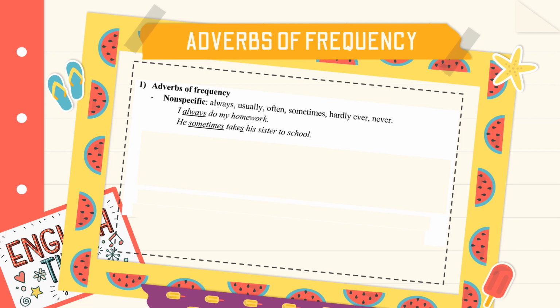As you can see here, these non-specific adverbs of frequency always come before the verb. What is the verb in I always do my homework? The verb is do. That's right. What is the verb in he sometimes takes his sister to school? The verb is takes.